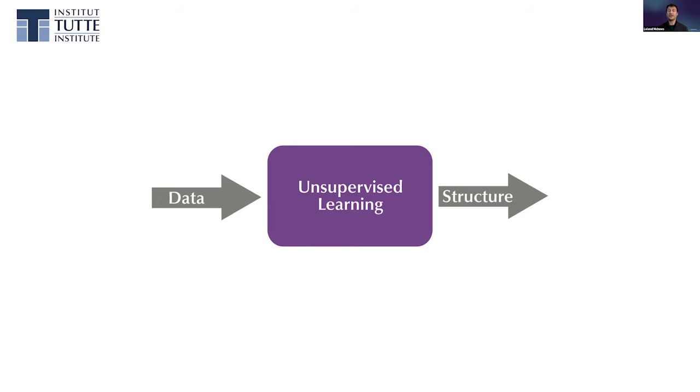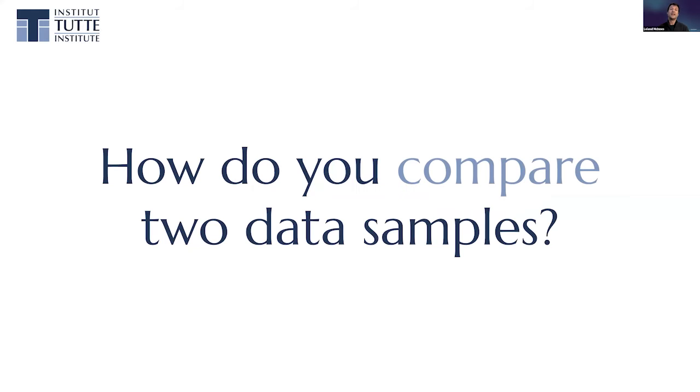That might be cluster structure from doing clustering, or density structure from some sort of density estimation technique, or maybe just lower dimensional representations from dimension reduction. With no labels or rules to guide things, what's going to determine any structure is how individual samples from your dataset compare to each other, what makes two samples similar and what makes them different.